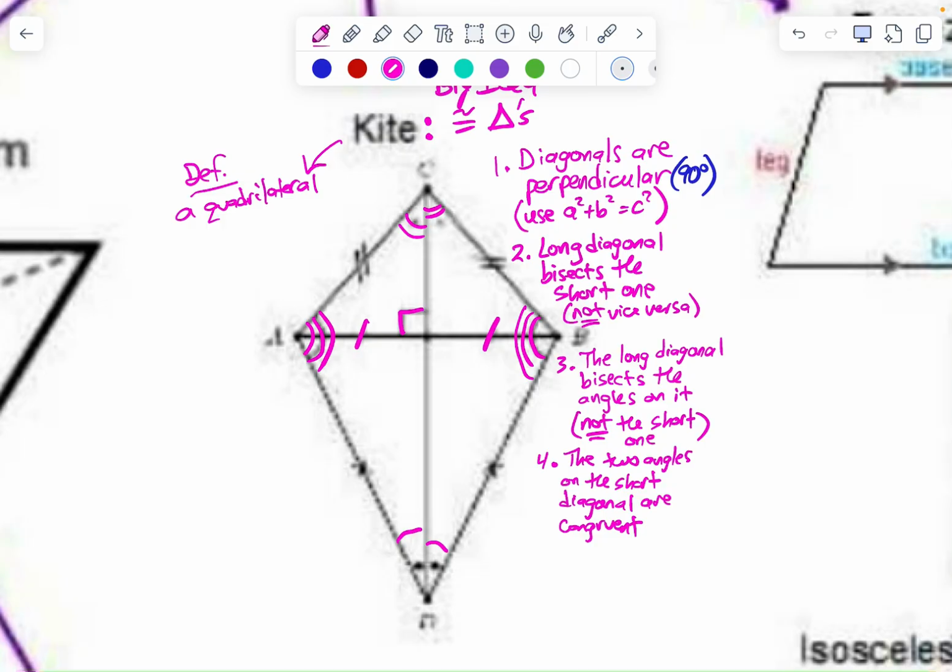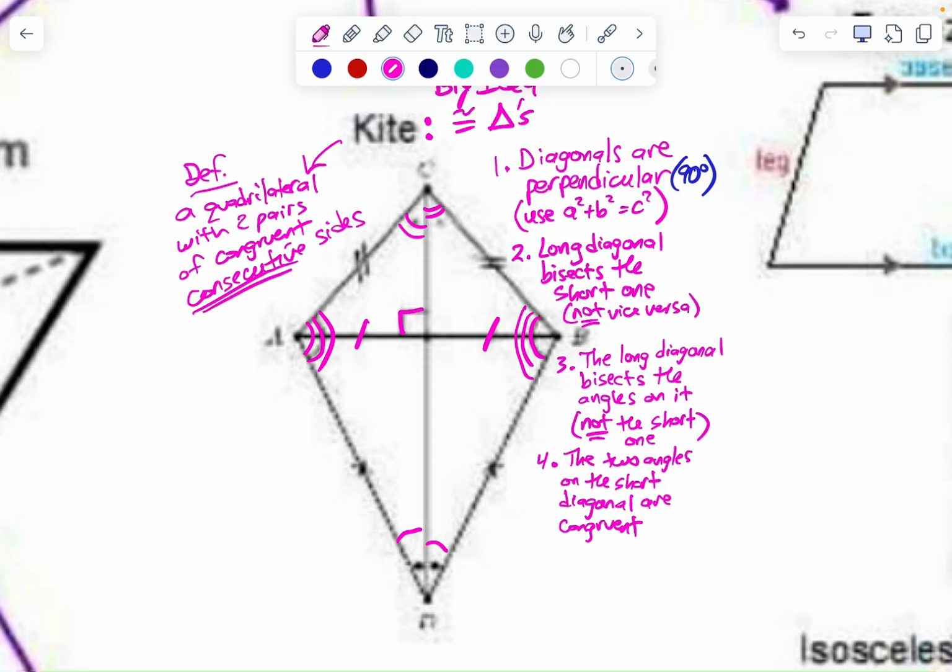So a quadrilateral with two pairs of congruent, here's the keyword that separates it, consecutive sides.